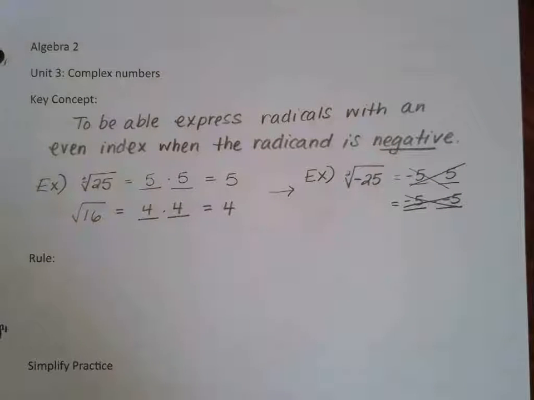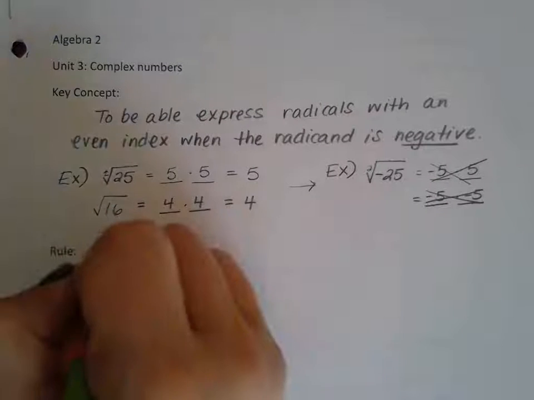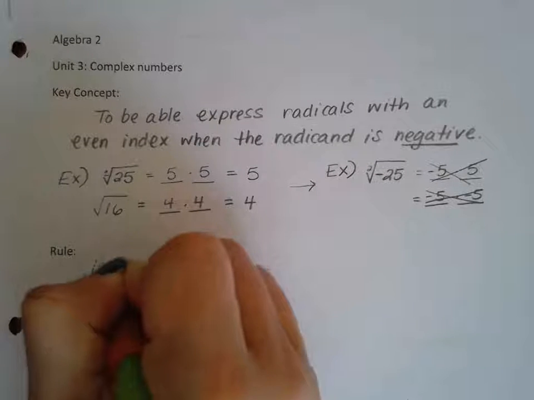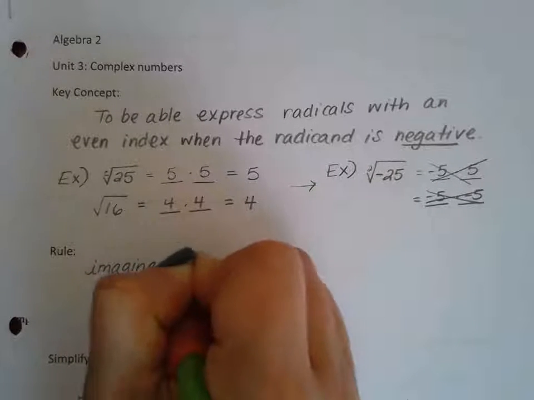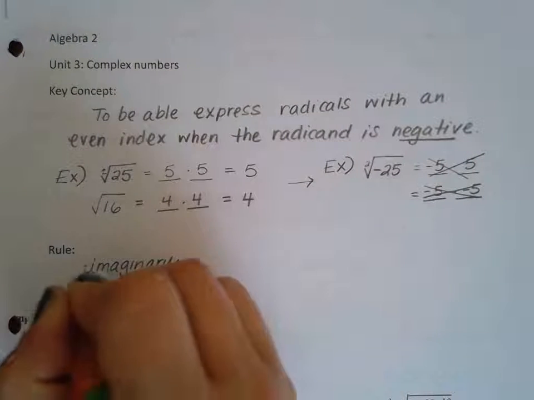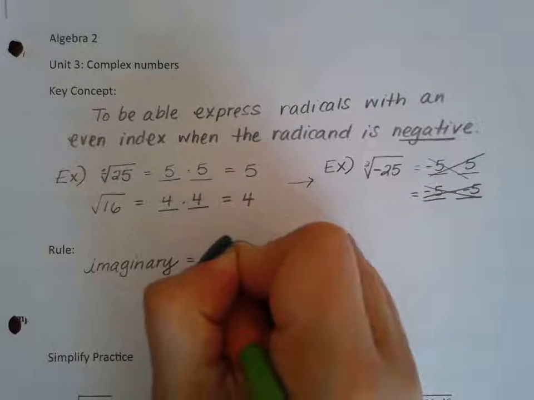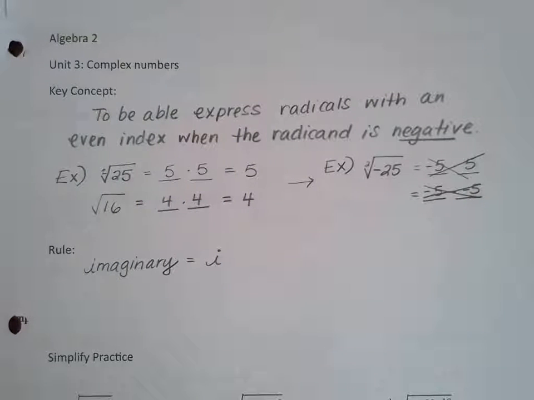Mathematicians have come up with a way to express these answers. They said, if it's a non-real number, it must be an imaginary number. An imaginary number starts with the letter I, so they decided to use a lowercase i to represent when we have a negative number underneath a square root, a fourth root, a sixth root, or anything that has an even number in the check mark.